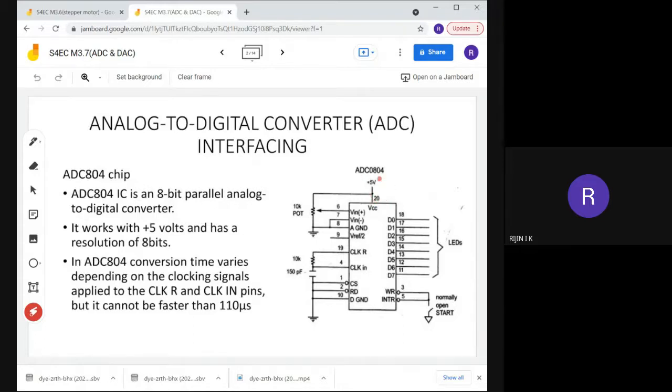And in ADC 804, the most important pins, the first ones we are going to consider, are CS, RD, WR and INTR. These are the most important pins in this IC for our interface.